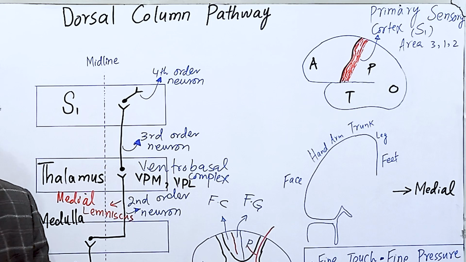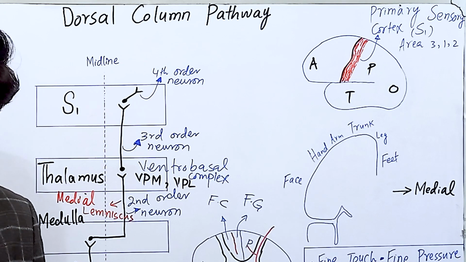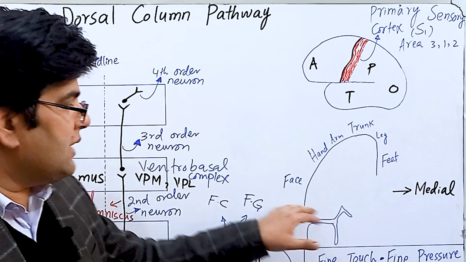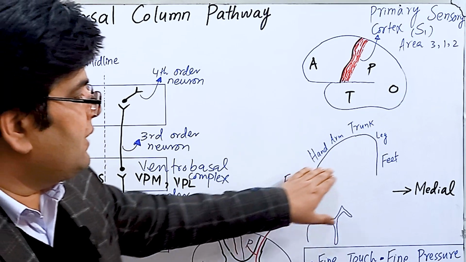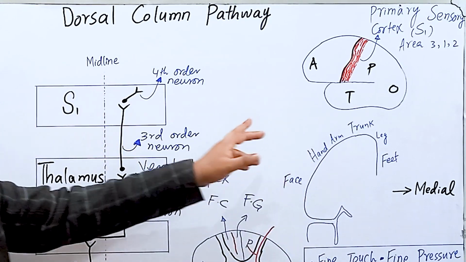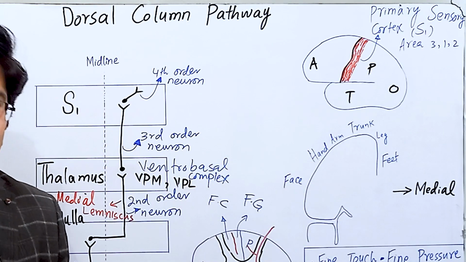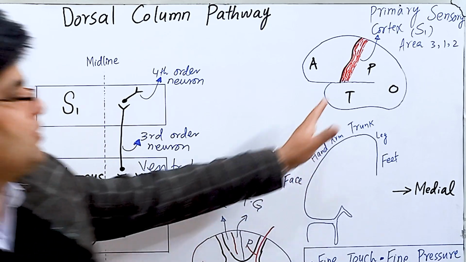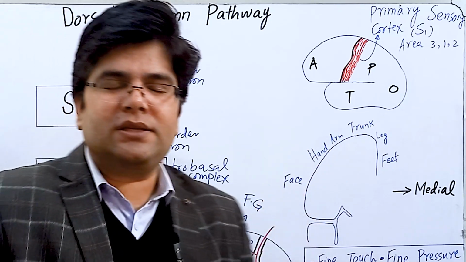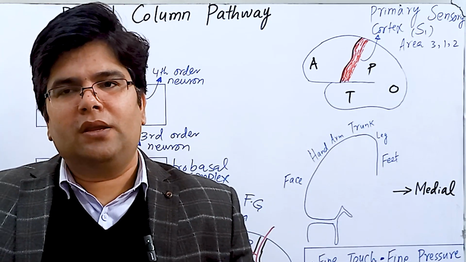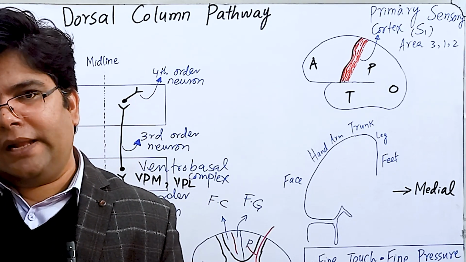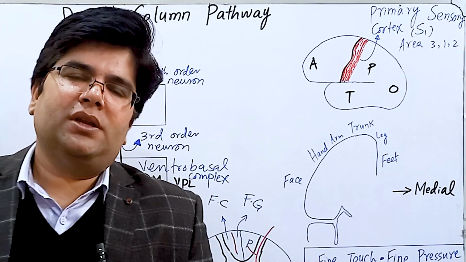For example, the face and hands have maximum representation, and in the face our lips, and in our hands the thumb especially, have a big representation in the primary sensory cortex. Here is a cross section through this primary sensory cortex, and you can see the face is represented on the lateral side, then our arms, trunk, and then legs, and then the feet are on the medial surface.